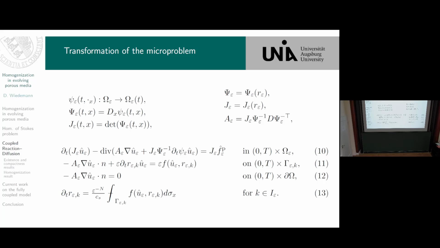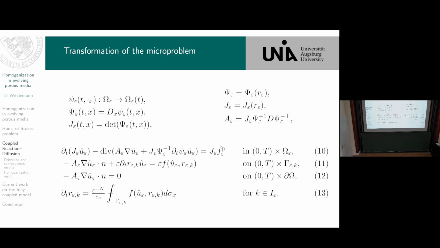The important thing is that these diffeomorphisms depend on the domain omega epsilon t, and so they depend on the radii. All these quantities in the transformed equation depend on the radii, and these radii depend on the function u epsilon itself. Thereby this equation becomes highly nonlinear.